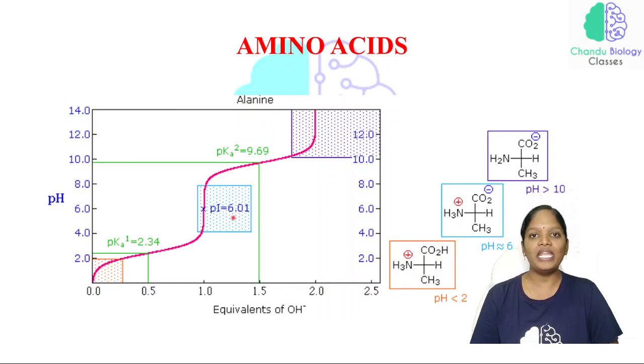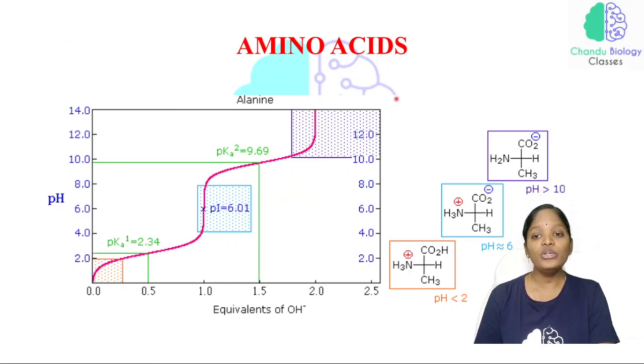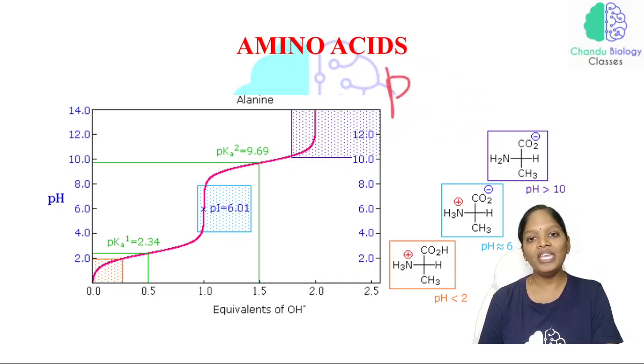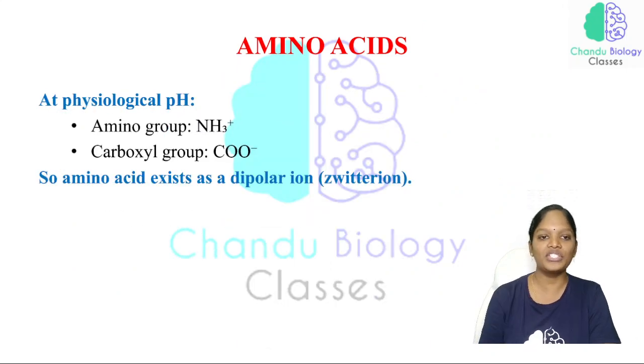So this is very important, and just look at this picture. And also you should know that all the amino acids have pKa values. This pKa is nothing but a dissociation constant. We are going to discuss all those things after finishing this.